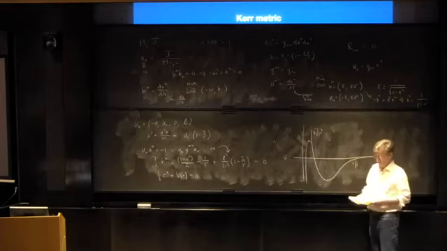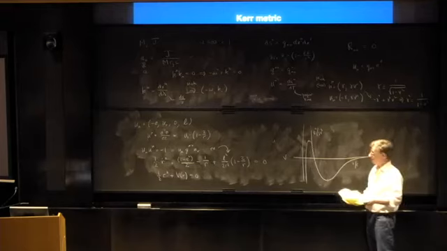I think in view of the time, I'm not going to work out the orbits, but one can work out the circular orbits from this by setting r dot equal to 0.